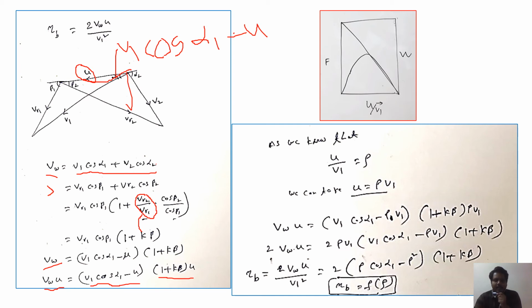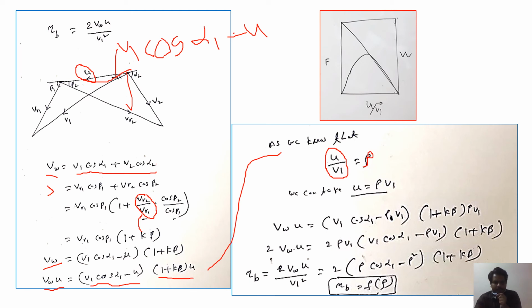As we know, the ratio u by V1, blade velocity to inlet velocity of the steam V1, we generally denote with rho.